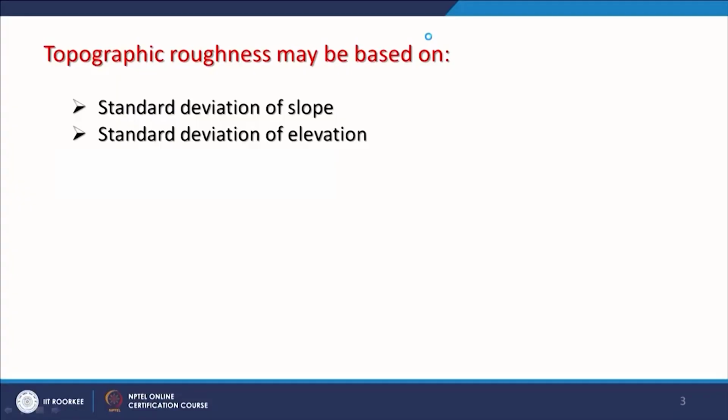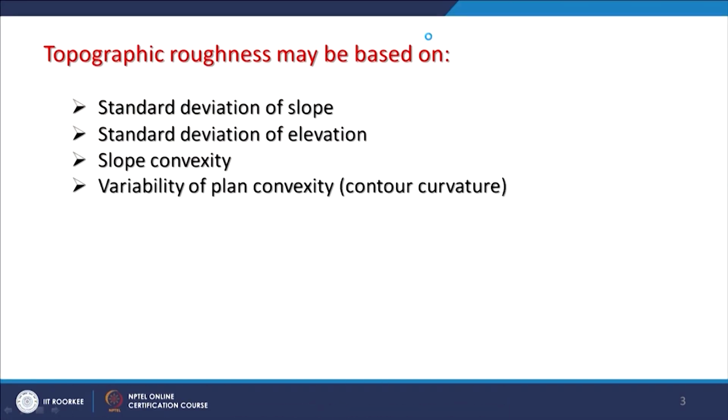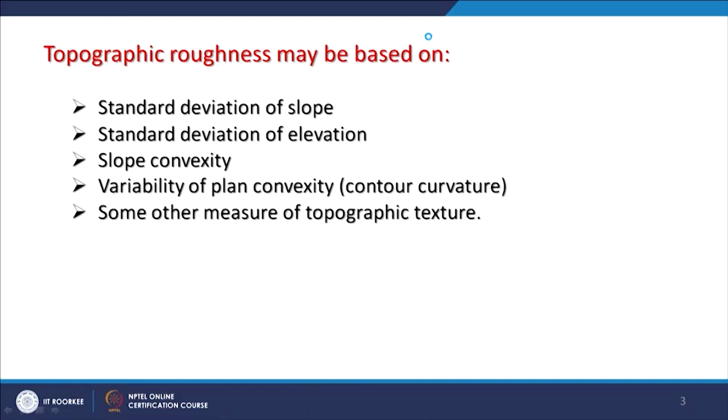The calculations can be based on either the standard deviation of slope or the standard deviation of elevation. Generally we go along with the standard deviation of elevation, but it depends on requirements. The third way is slope convexity and then variability of plan convexity, that is the contour curvature, and then again some other measure of topographic texture.